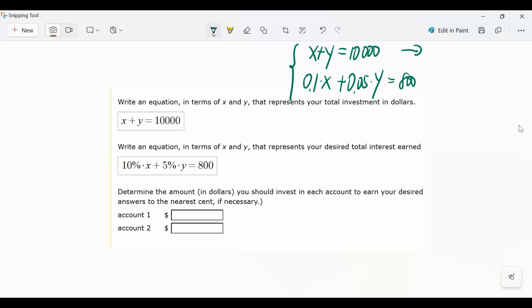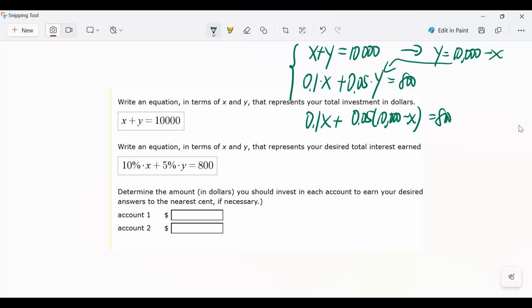On the first equation, you're going to get y by itself. So y equals 10,000 minus x. And then you plug that into the second equation and solve for x. So 0.1x plus 0.05 times (10,000 minus x) equals 800.